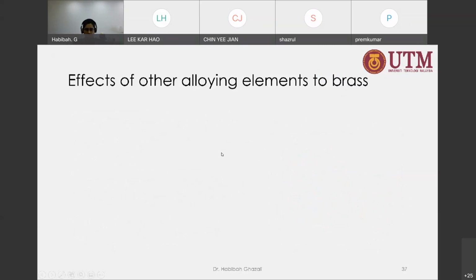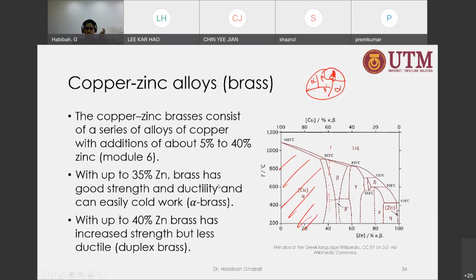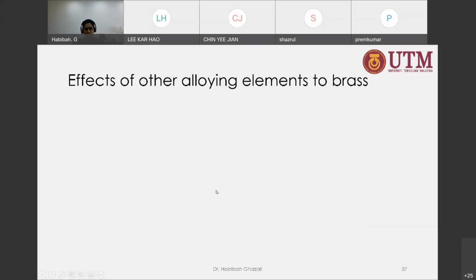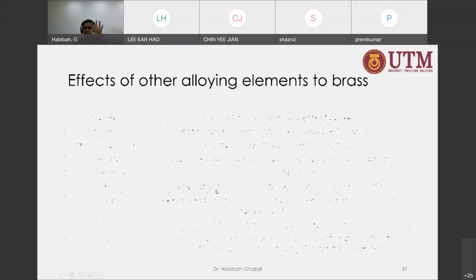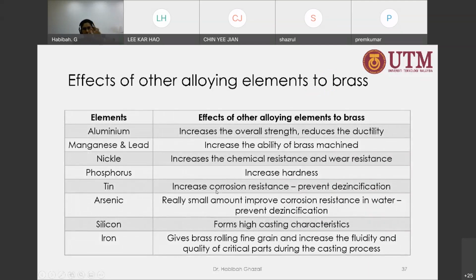So that's the difference between brass alloys that have different compositions. Sometimes, instead of just zinc, we add other alloying elements. We have the major alloying element as zinc, but we add different alloying elements to improve different properties in these materials.